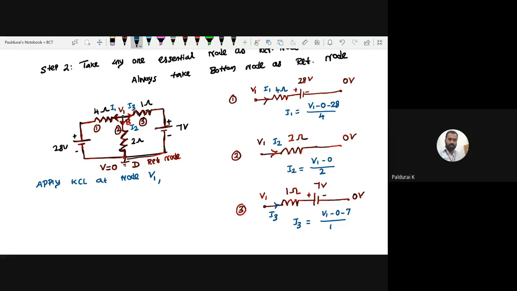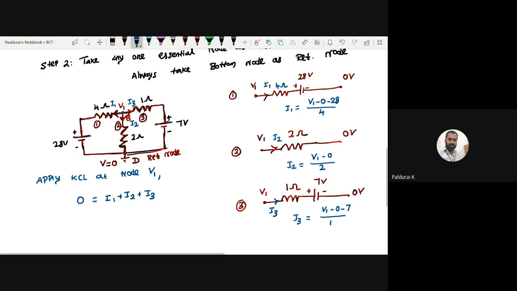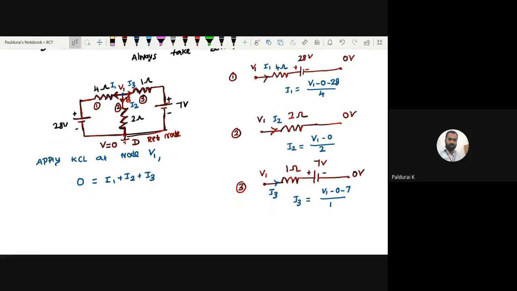I assumed all are leaving currents, so there is no entering current. The sum of entering currents equals the sum of leaving currents, so I put this as 0.